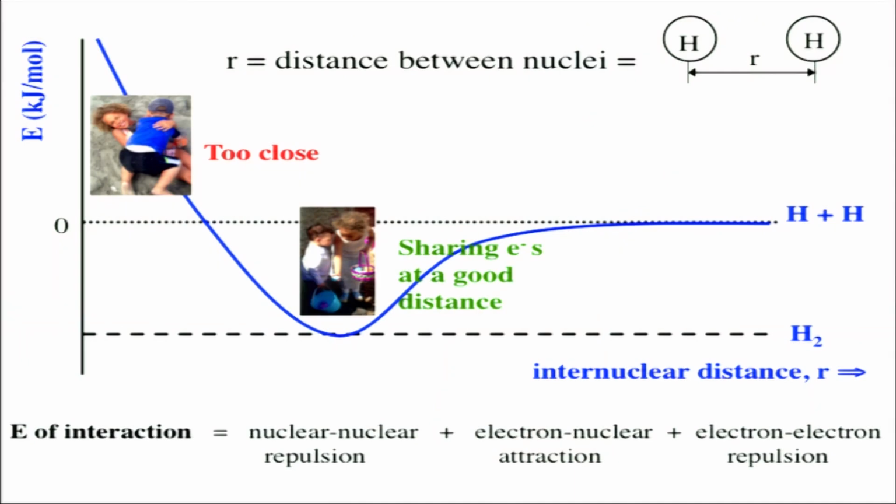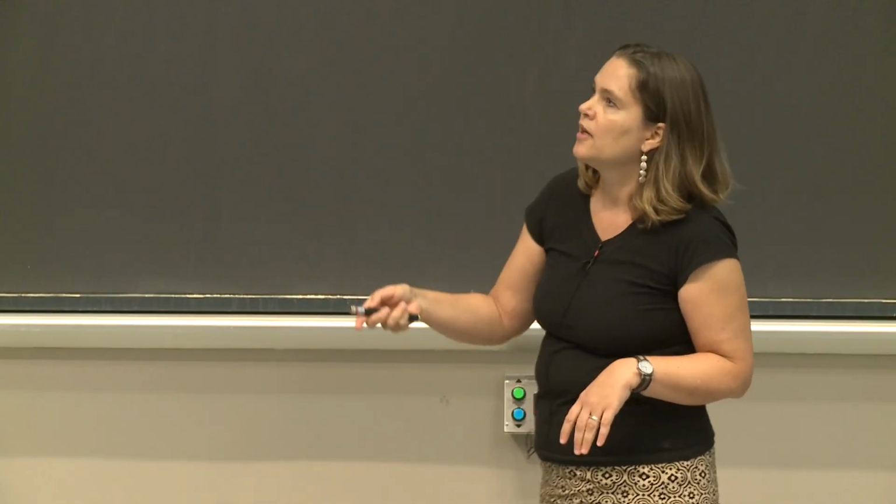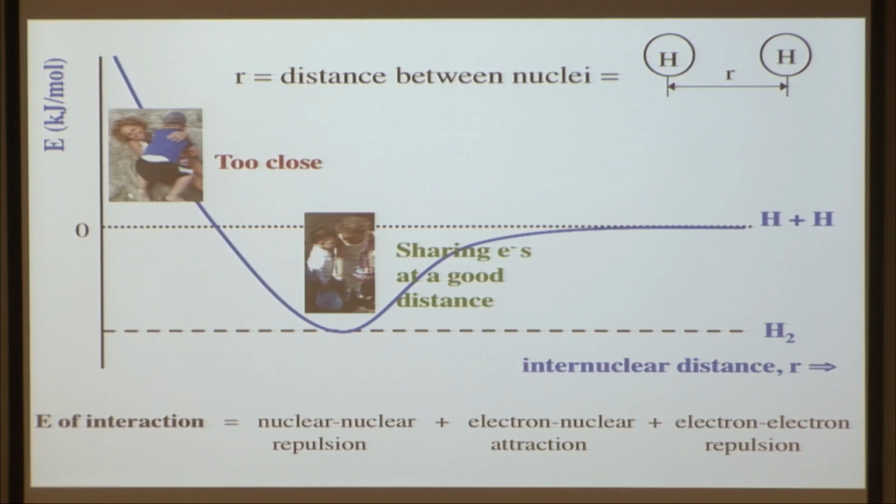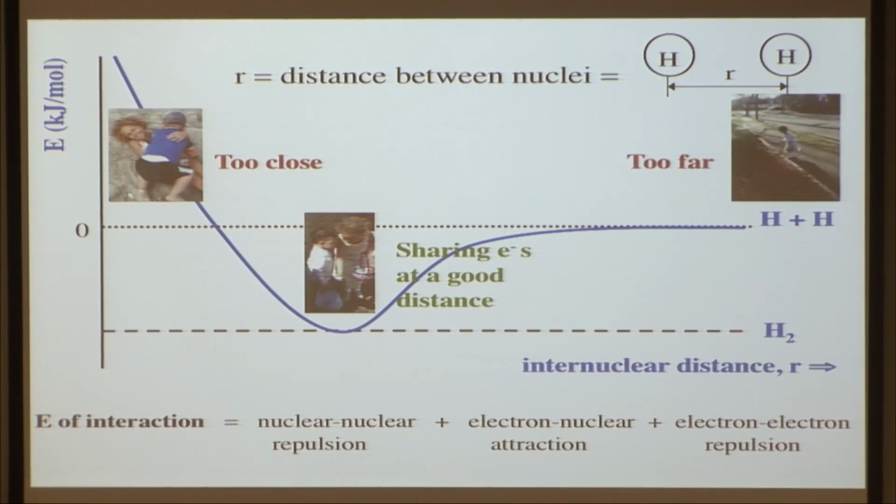But as you start separating out these atoms, then they become more comfortable. And you get to a distance where you have the sharing of electrons. They're next to each other, they're interacting in a positive way, and they're sharing. But then, if you bring them too far apart, they're no longer communicating with each other. We don't even know where one of them is at this point. They're just kind of infinitely far apart, no interaction.